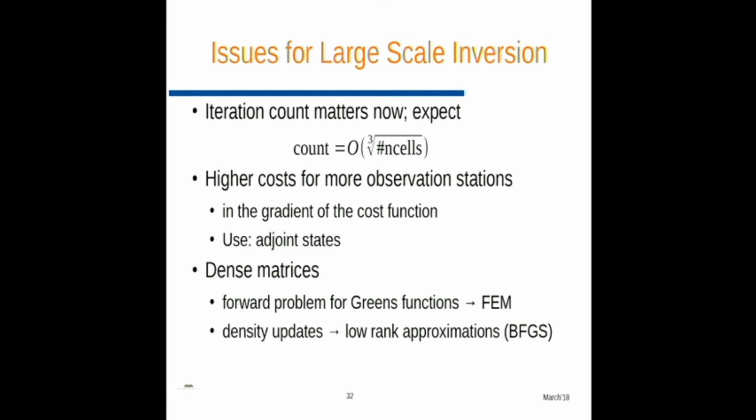The other thing is that a lot of inversion codes have a problem: if you have more observations, the codes become more expensive to run. If you double your observations, you double your compute time. With the methods we use, that is not the case.